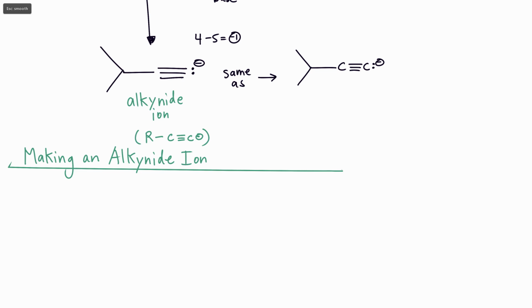Okay, it's going to take that form using NaNH2, that's sodium amide. Okay, so we can use NaNH2 to make the sodium amide. The alkoxide ion or hydroxide cannot do it. NaNH2 will make the alkynide ion.